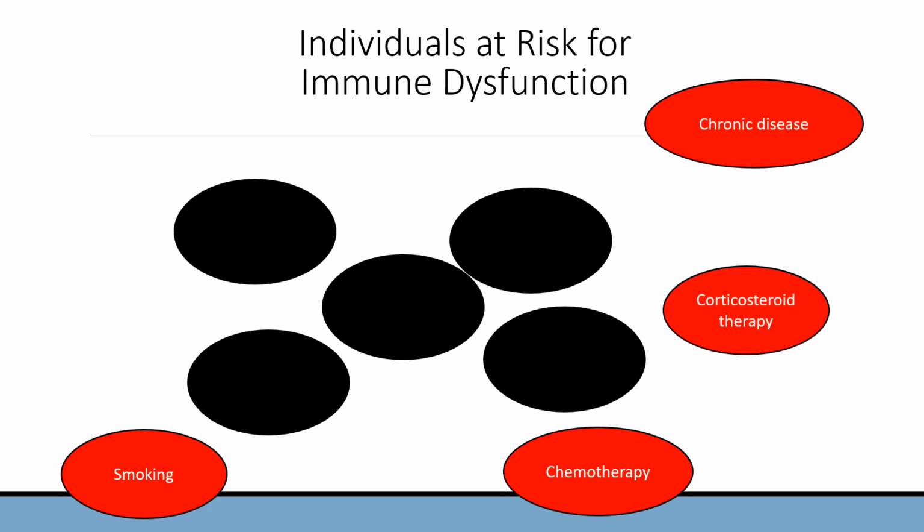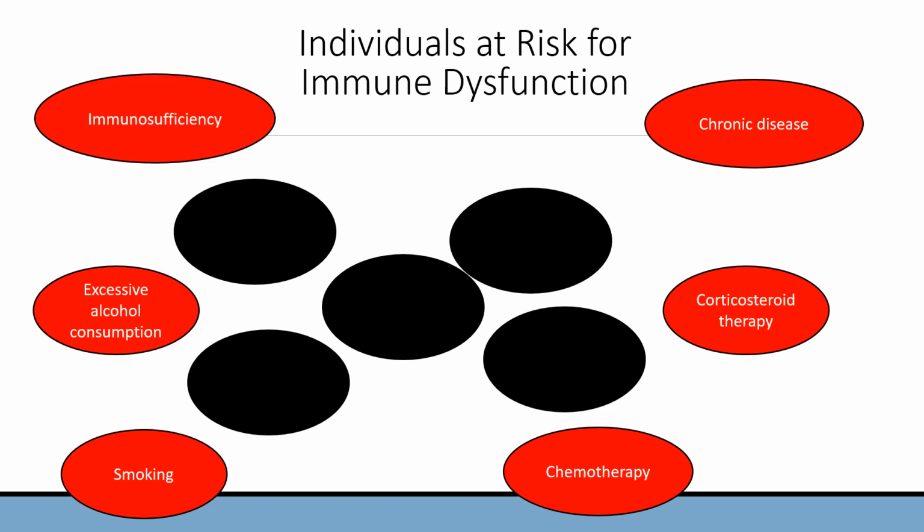Smoking is not a good thing. One thing you're going to come across in this course is that smoking causes a lot of disorders, and as a result a lot of disease states. We'll talk more about that. Excessive alcohol consumption and immunodeficiency.